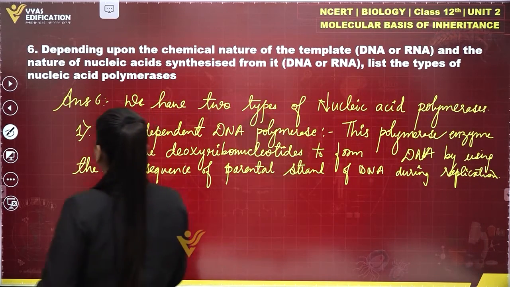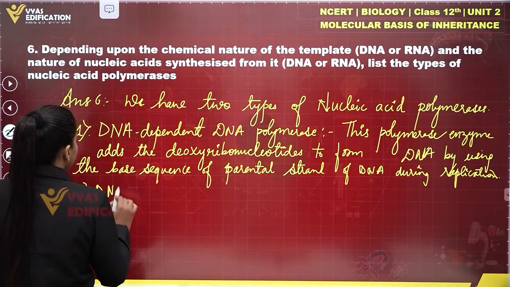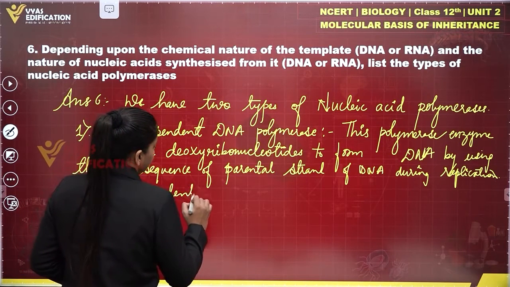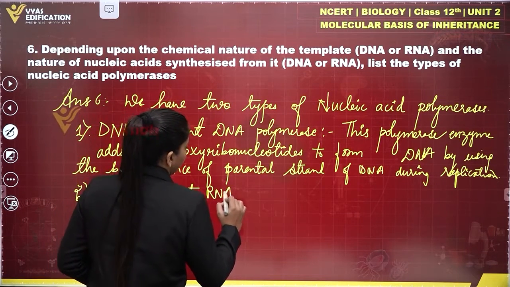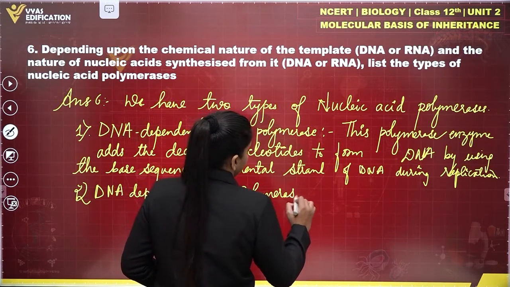Then the next type of nucleic acid polymerase we have is DNA dependent RNA polymerase.